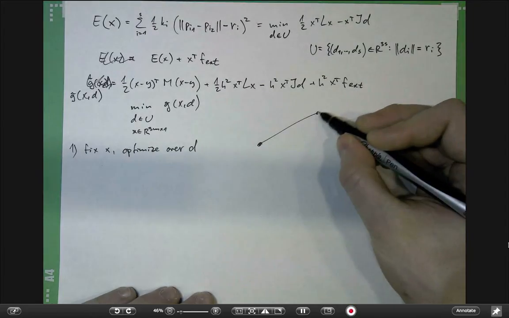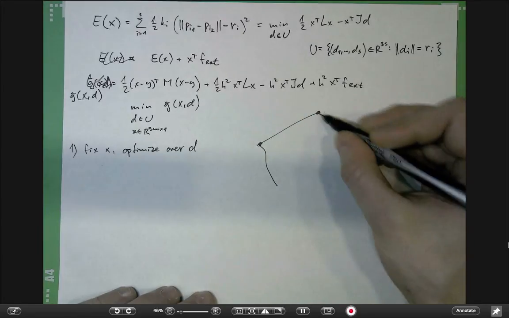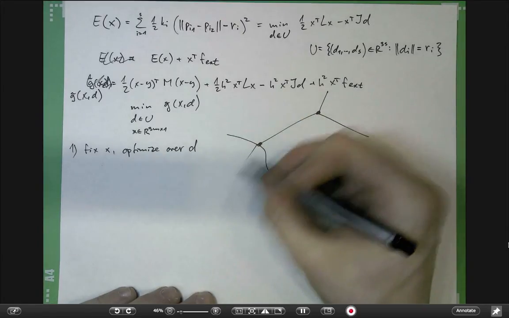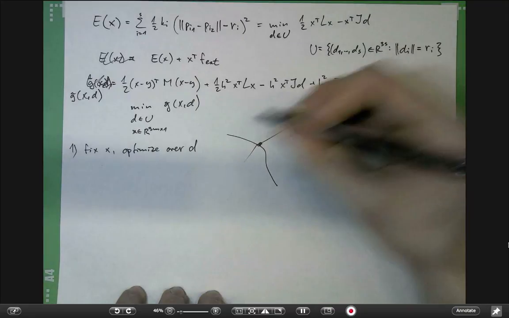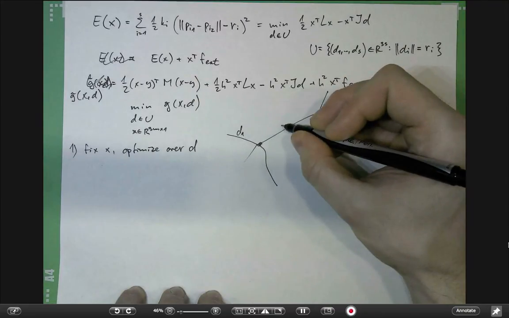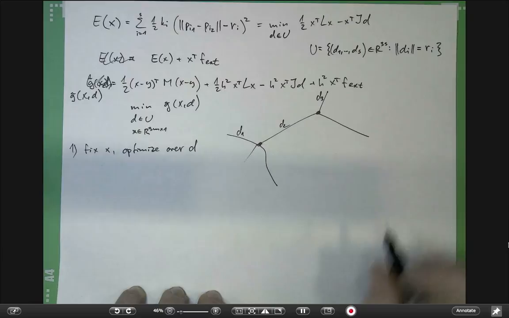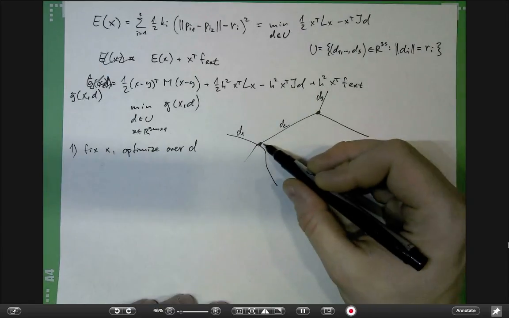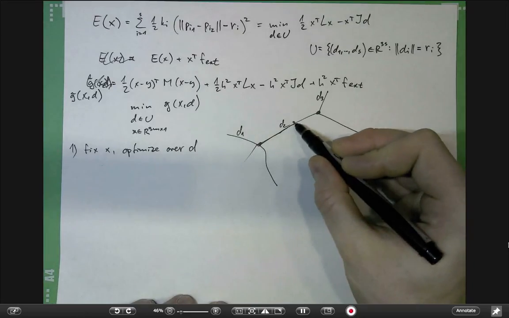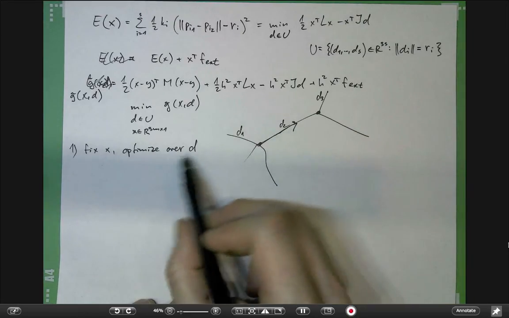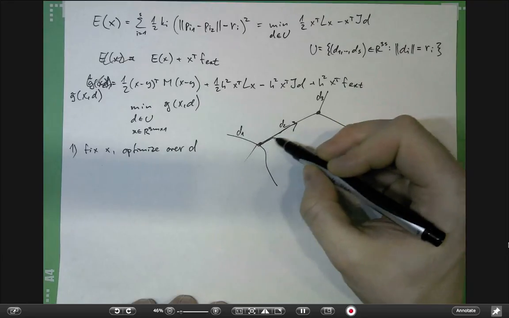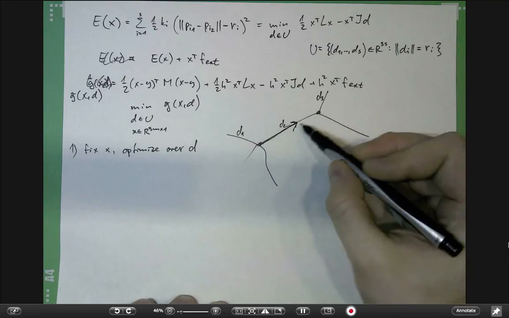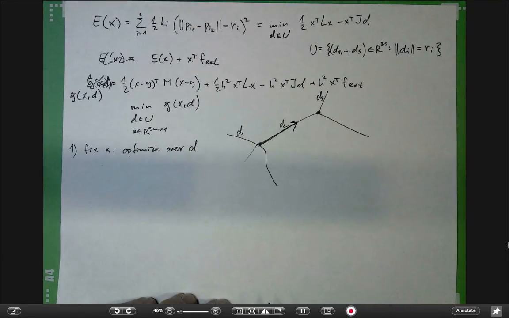If I have a spring like this, there are some other springs, of course, connected to it, but I'm not concerned about it because I have a d for every spring, right? d1, d2, d3, and so on. So if this spring is stretched and should have really been shorter, then after doing the local step, my d is going to be a shortening of this spring, if you will.